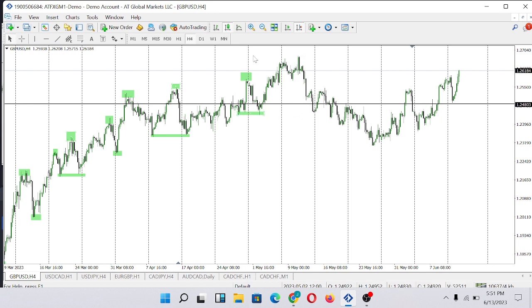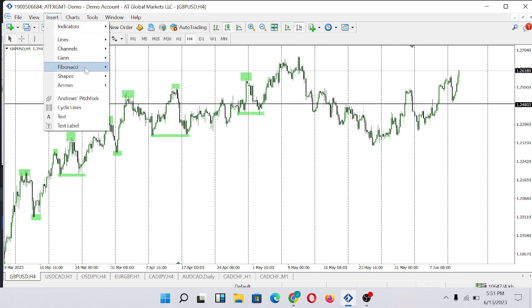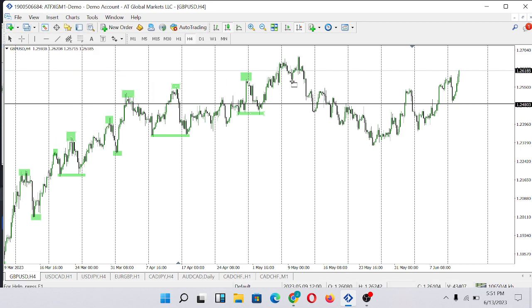Okay. Then higher high. So this is the previous low, right? Higher high, low. Okay, this is our previous low now because a new low is formed.